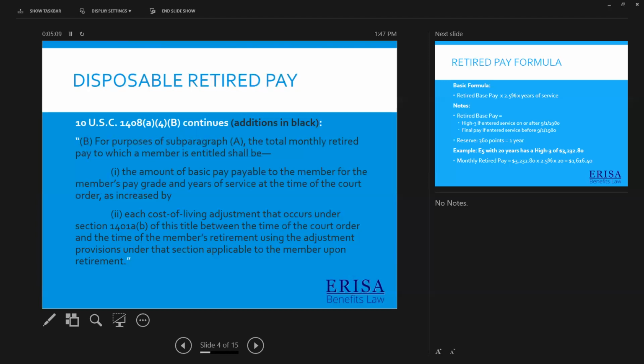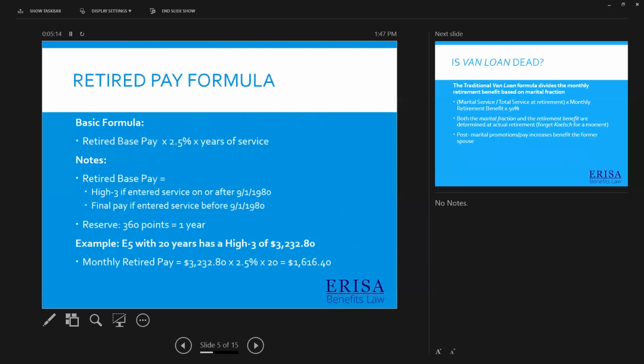So let's take a look back at the basic formula again. It's retired base pay times the service multiplier. A couple notes. Retired base pay is not determined the same for everybody. If you entered service before September of 1980, it's your final pay, and if you entered service on or after September 1st of 1980, it's high 3, which is the monthly pay of the high 36 months, 3 years from the pay charts.